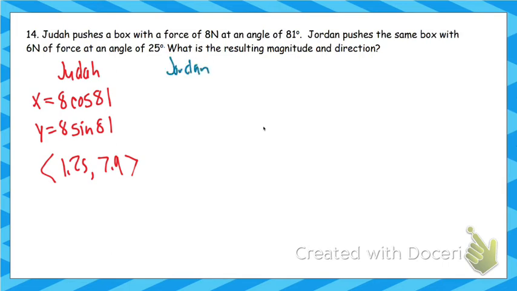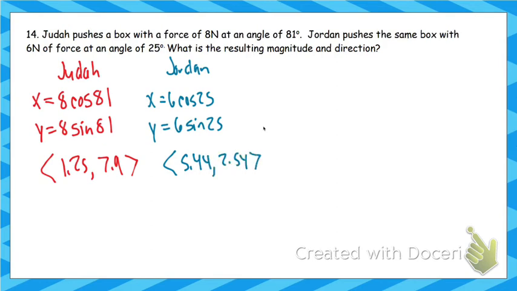Then we'll do Jordan. 6 cosine 25 is his x component. 6 sine 25 is his y component. So he's going to have 5.44 for his x component. He's going to have 2.54 for his y component.